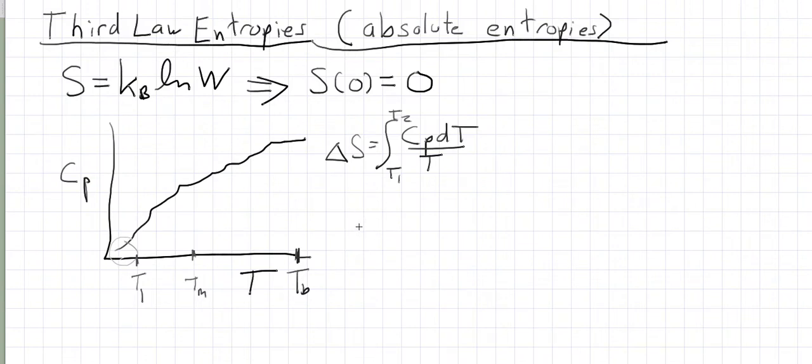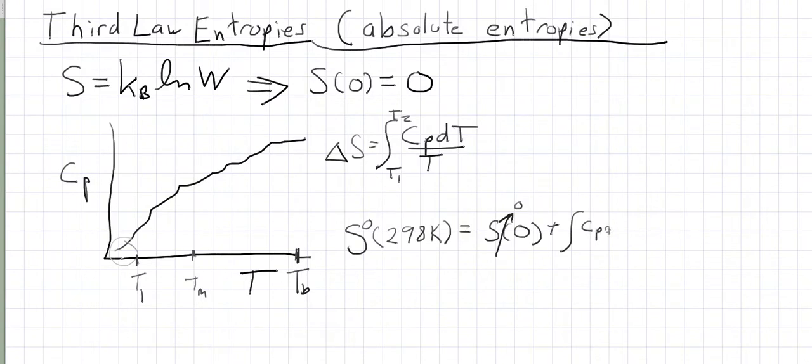What you do is you'd say its entropy at 298 is equal to the entropy at absolute 0, which would be 0, plus, well, we'd have to integrate Cp of the solid, let's put a little s in here for solid, from 0 to T1.